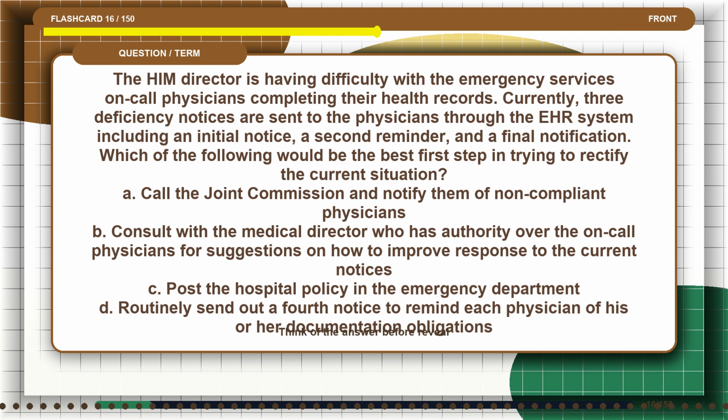A. Call the Joint Commission and notify them of non-compliant physicians. B. Consult with the medical director who has authority over the on-call physicians for suggestions on how to improve response to the current notices. C. Post the hospital policy in the emergency department. D. Routinely send out a 4th notice to remind each physician of his or her documentation obligations.